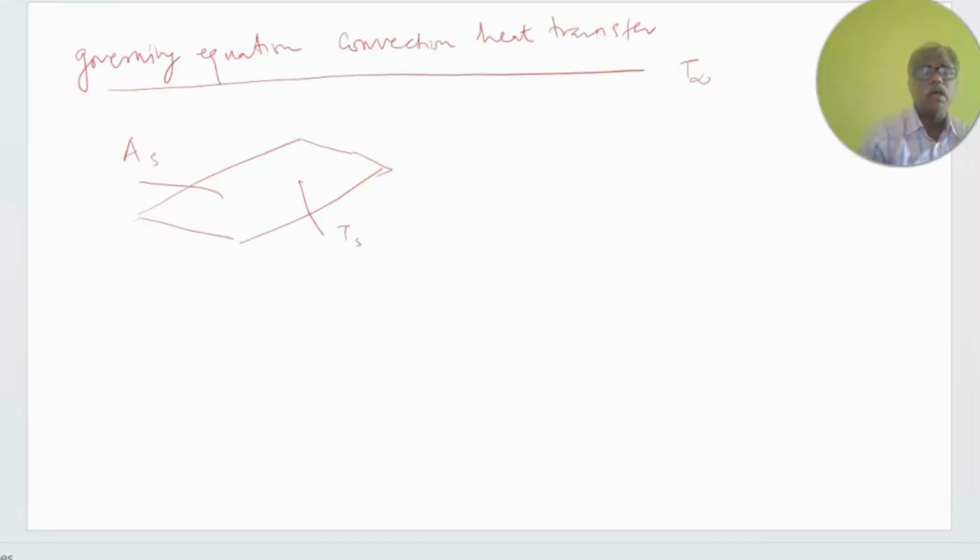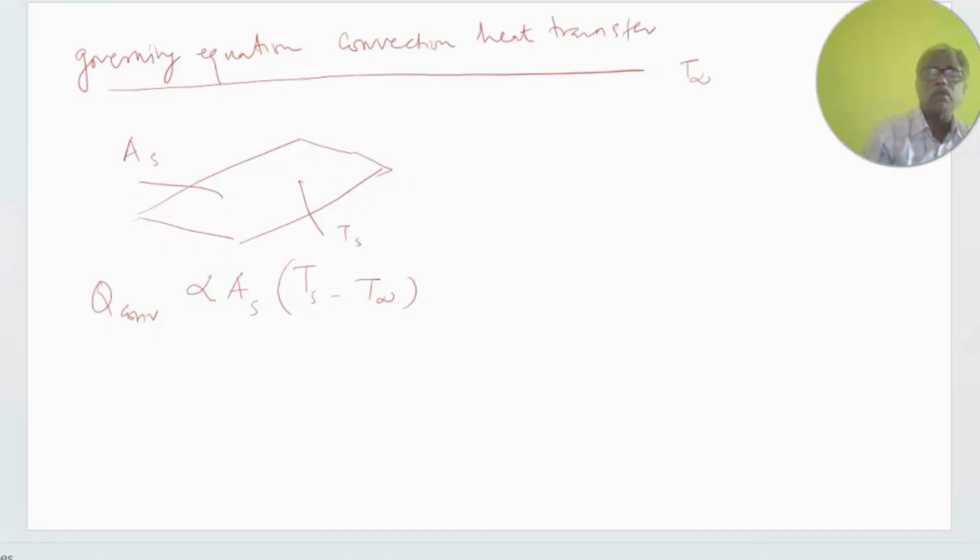AS is the surface area. Now we define the rate of convection heat transfer, Q convection, as directly proportional to the temperature difference Ts minus T infinity, where Ts is the surface temperature and T infinity is the temperature measured in the fluid far away from the surface, and also directly proportional to the surface area. If I increase the surface area, the convection heat transfer rate increases.